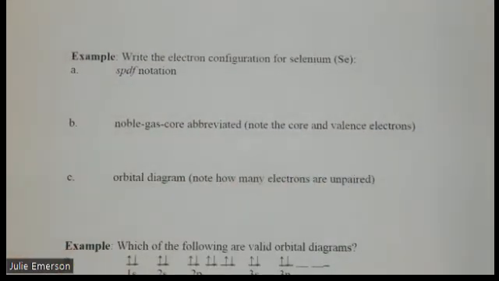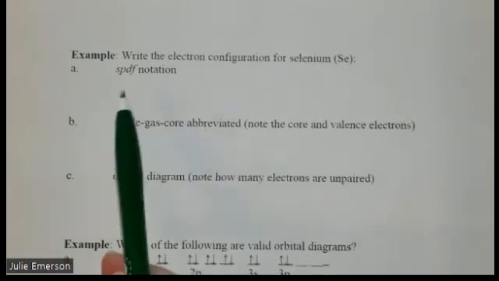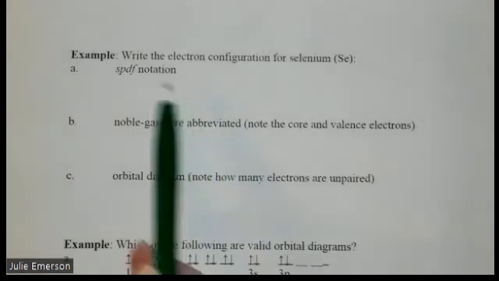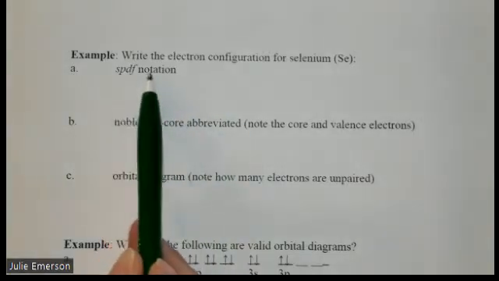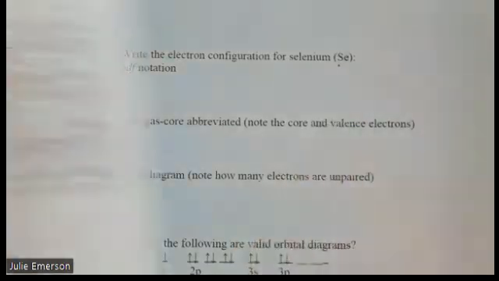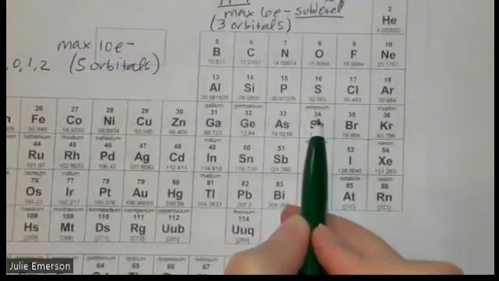Okay, so the electron configuration, SPDF notation. Some books make the distinction between an abbreviated configuration, and I'm going to show you both of those. So the SPDF, the complete notation. Basically, first thing is, look at selenium on your periodic table, and we know it is number 34.